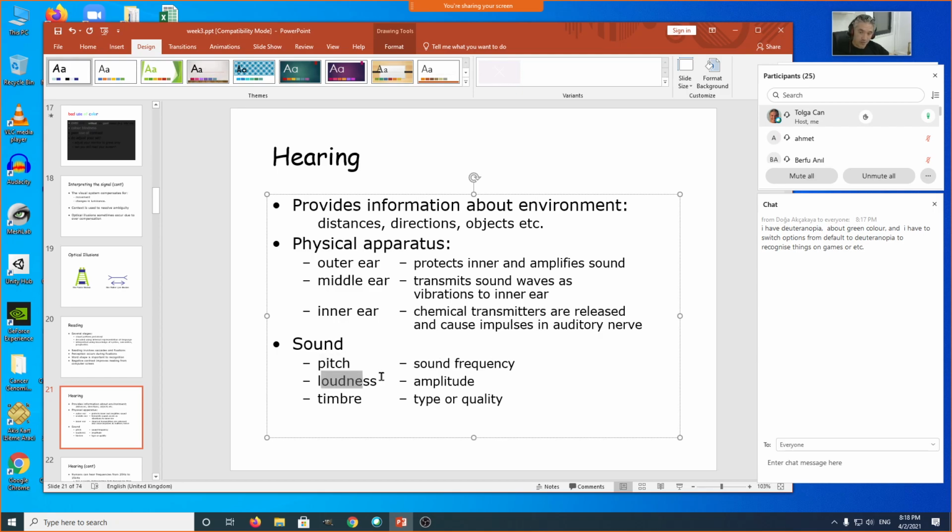And in terms of sound, there is also loudness, the volume of the sound, which is amplitude. Timbre is the type or quality. For example, if you press the middle C on the piano at the same volume, it's going to have a certain sound.